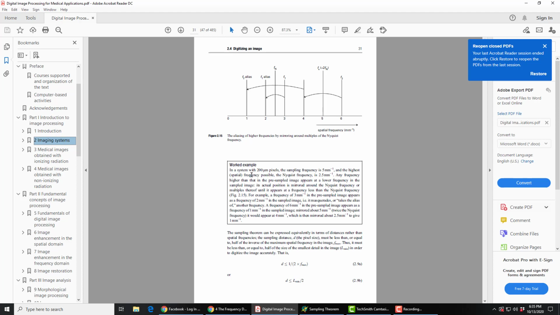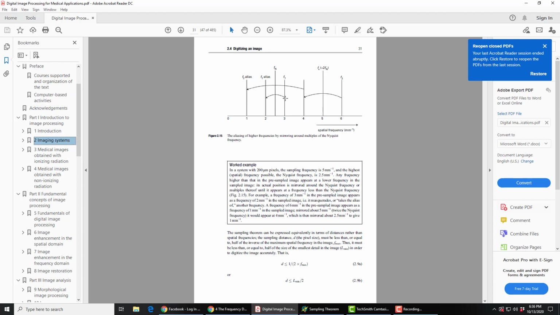And so the highest frequency that you can get is half of that, the Nyquist frequency. So here our sampling frequency is 5 per millimeter. Half that is the Nyquist frequency, 2.5. We can't see any frequencies in the reconstructed image greater than 2.5 if we sample at 5.